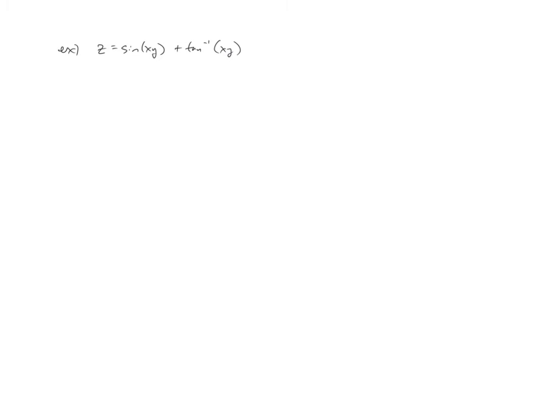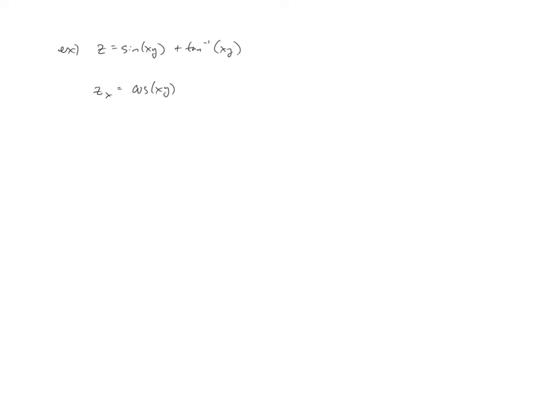All right, so for the first example here, we're going to show and find these mixed partials and see that they are equal. So to get things started, we've got our z function up there, and I'll go ahead and start with z sub x. Now if I start with z sub x, that means my y is a constant. So as I take the derivative of this, derivative of sine is cosine. So I'm going to have cosine xy, and then times the derivative of the inside.